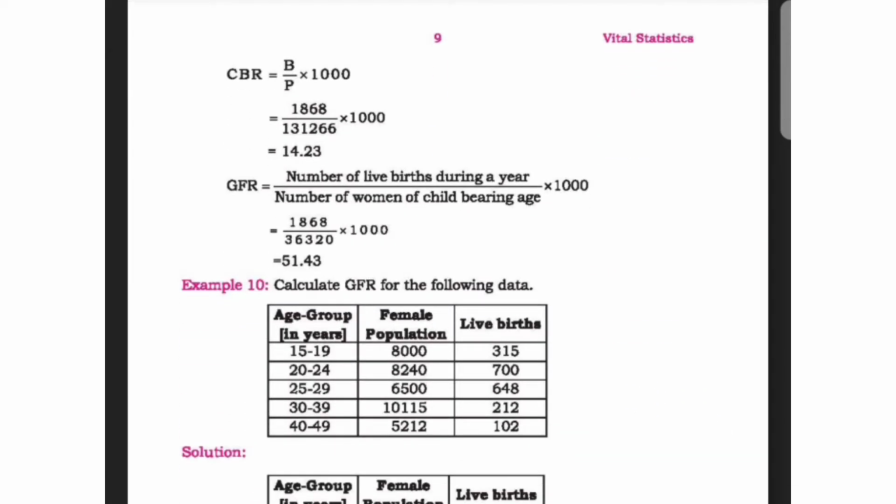CBR means the crude birth rate, that is the number of births divided by total population into 1000. Total population, this is also a fertility rate but it is a general measure. Be careful, it is a general measure. That's why we are considering the total population.